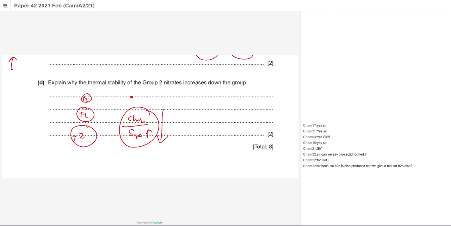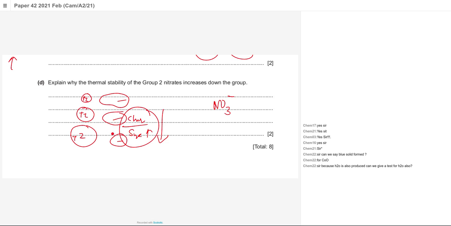Charge density decreases. The cation will be less able to polarize the nitrate ion. The nitrate ion is less polarized. The smaller cation polarizes the nitrate ion more, but as you go down, it is less polarized. This will result in increased ionic character. As a result, the ionic character increases, and the thermal stability increases.